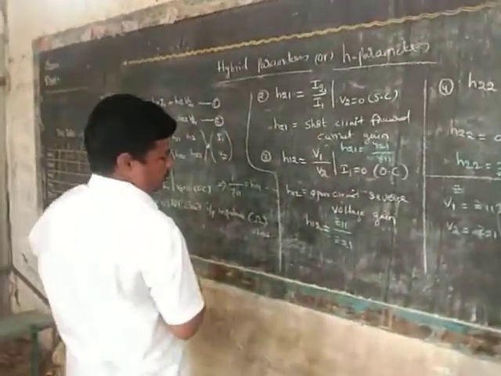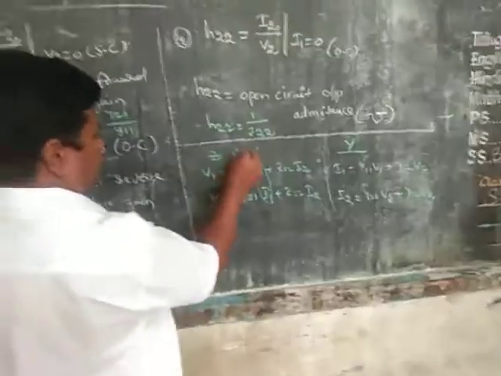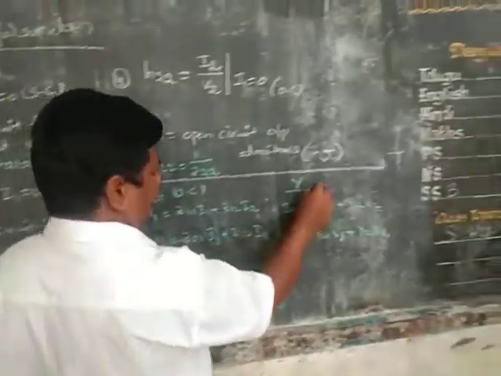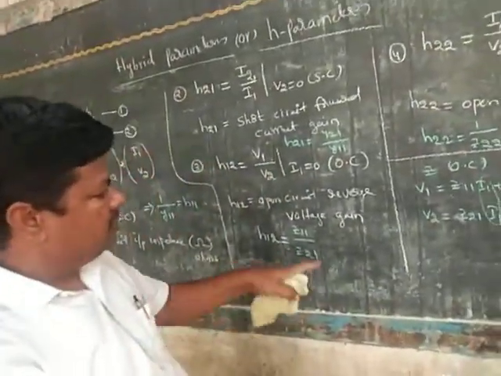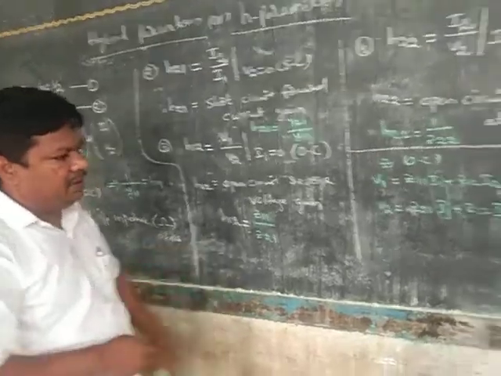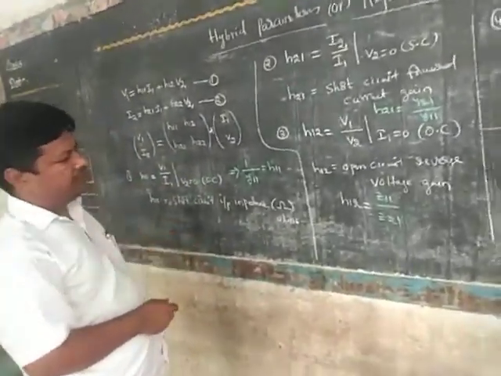So once you know the Z and Y parameters, Z parameters being open circuit parameters and Y parameters being short circuit parameters, we can easily calculate the H parameters also, right?